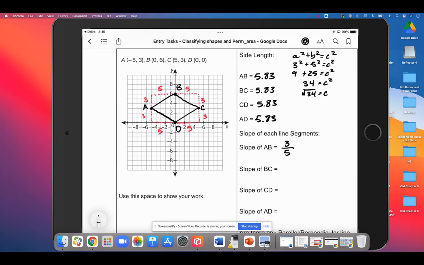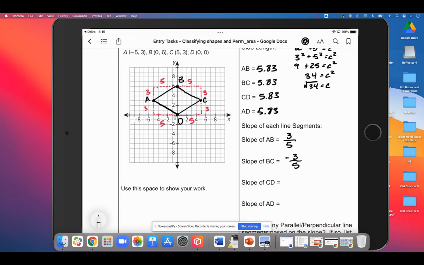From B to C, we went down 3 and to the right 5, and so that's a negative slope. And then CD, we went up 3 and to the right 5, so that's a positive slope. And then AD, we are going to go down 3 and to the right 5, and so that's a negative slope.